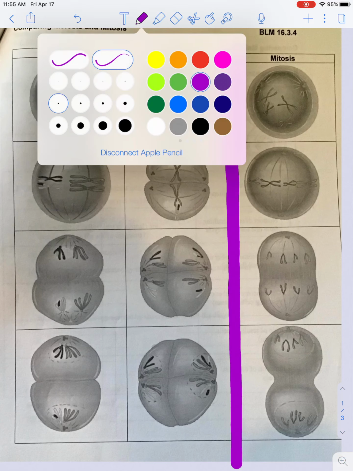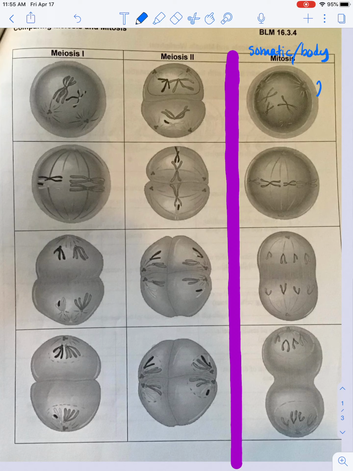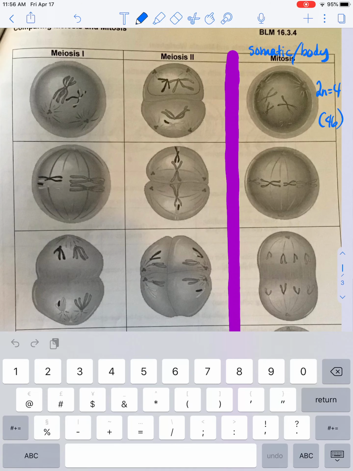And this is where mitosis will take some body cell that's, in this case, got 4 chromosomes. In human terms, it would have 46. And in the end, it's going to make 2 body cells each that are still diploid.